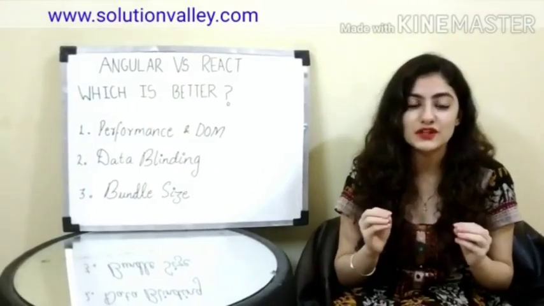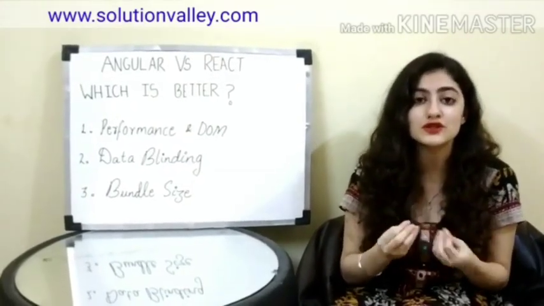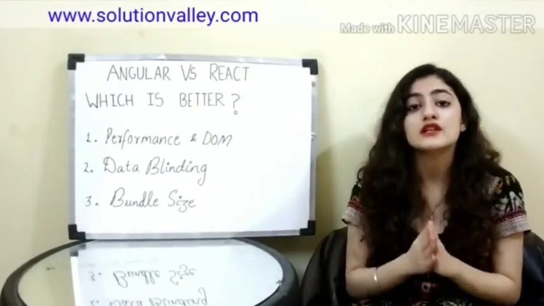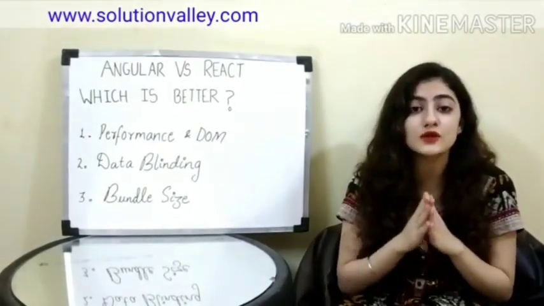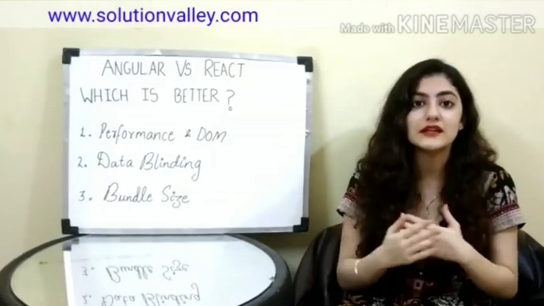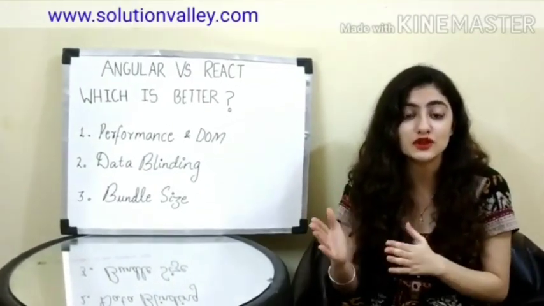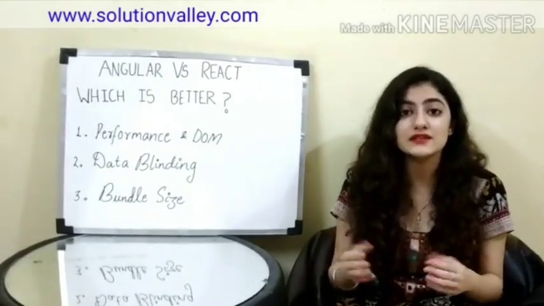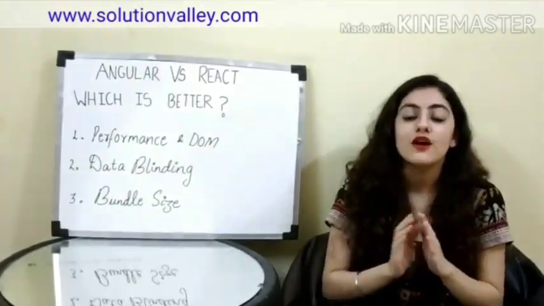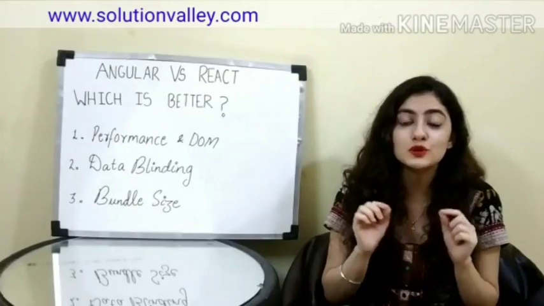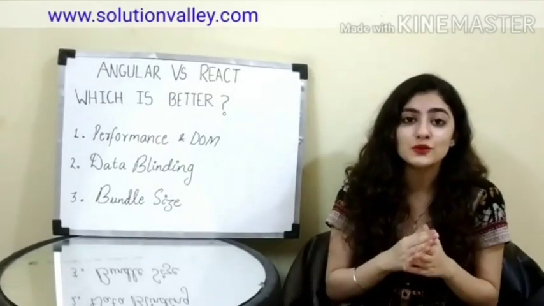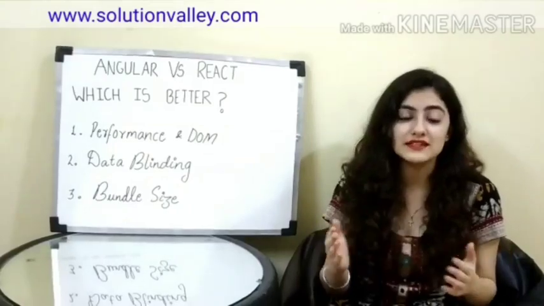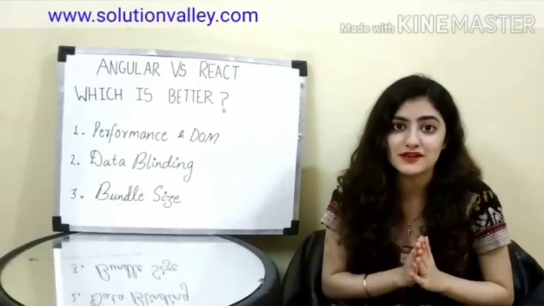So in a situation where you want to update just a little bit of information, in the case of Angular, the real DOM will update the entire HTML tree structure until it finds the needed data, instead of just updating that bit of information. While on the other hand, the virtual DOM of React allows you to update that little bit of information without rewriting the entire code for HTML documents.